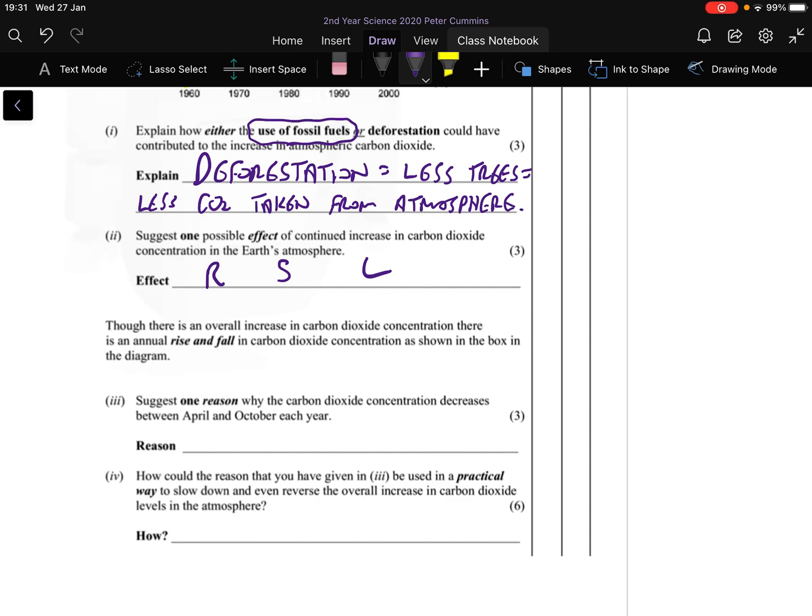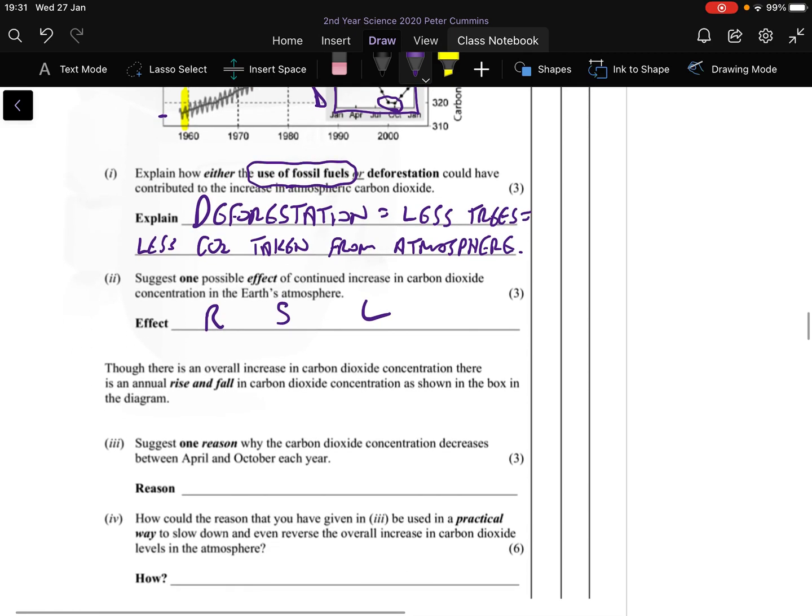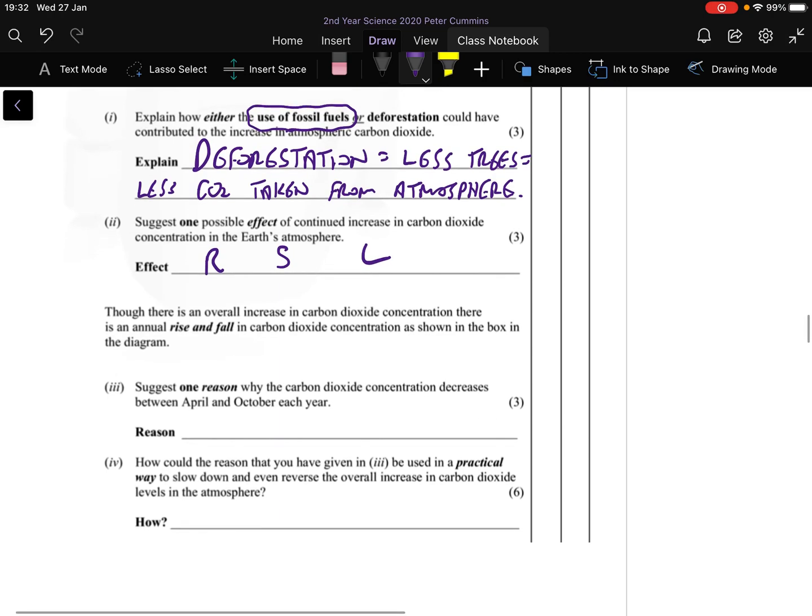Why would carbon dioxide decrease between April and October of each year? Well, I suppose you're looking there at two things.